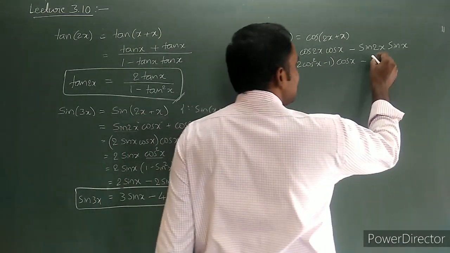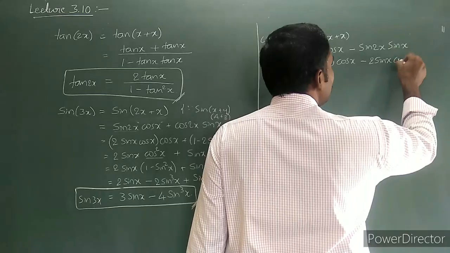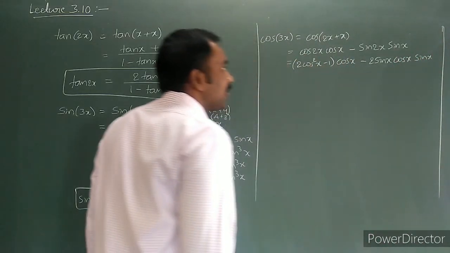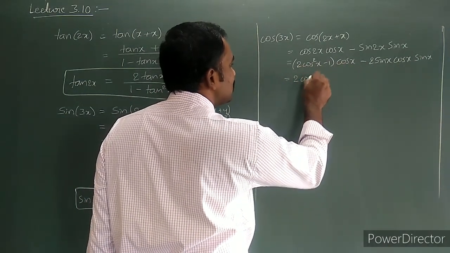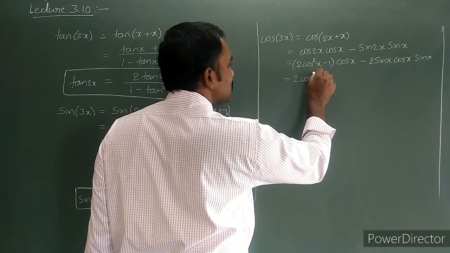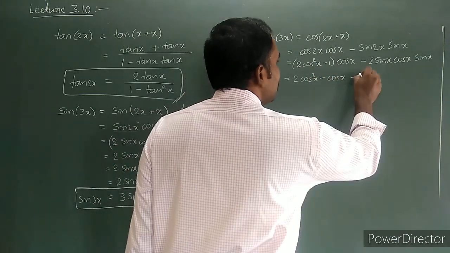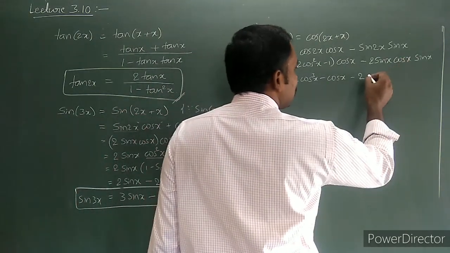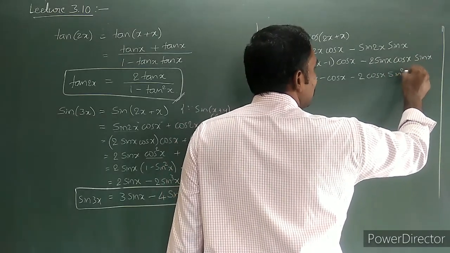Here, in terms of sin and cos is suitable: 2 cos of x into sin of x. Now again we can write cos x into this bracket: 2 cos square x into cos x is cos cube of x, minus cos of x, minus 2 as it is, cos x, and sin x into sin x is sin square of x.